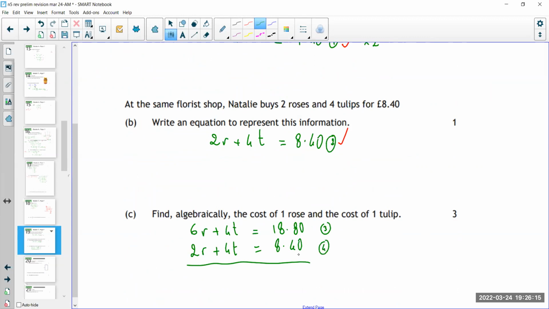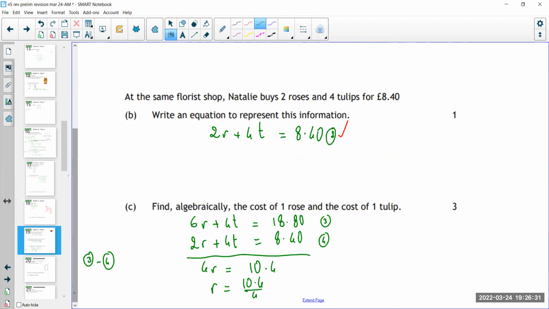Then you just do 3 minus 4 gives me 4r equal 1040, and r is just 1040 divided by 4, or 520 divided by 2. And what's 520 divided by 2?